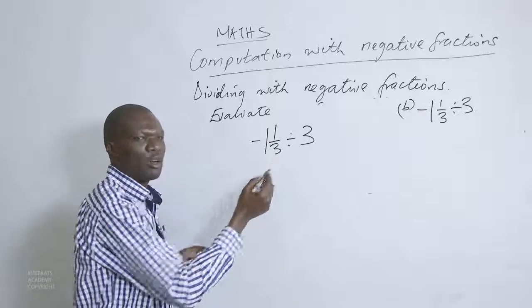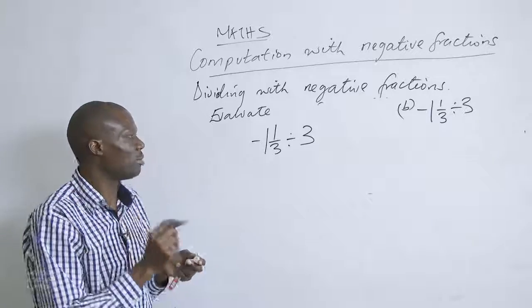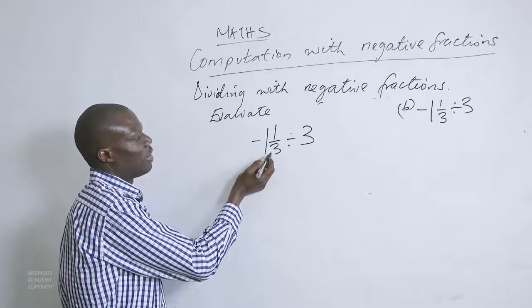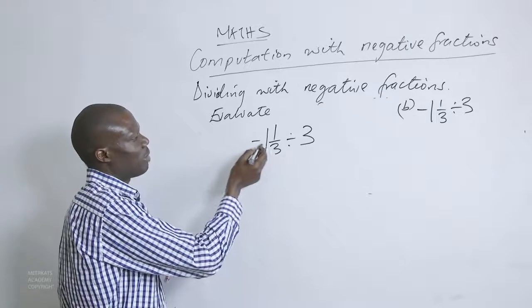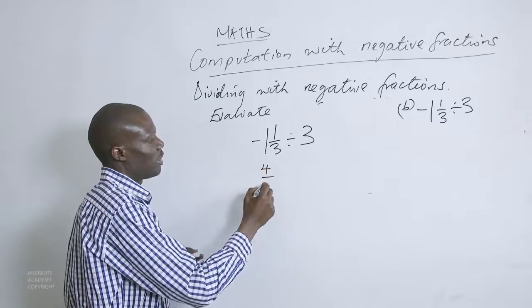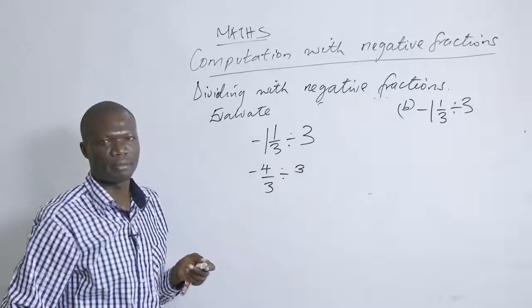So this is a mixed fraction or a mixed numeral. We cannot work on this unless we change it into an improper fraction, and that means that we shall have to change this one into improper. 3 times 1 plus 1 gives us 4/3 divided by 3.